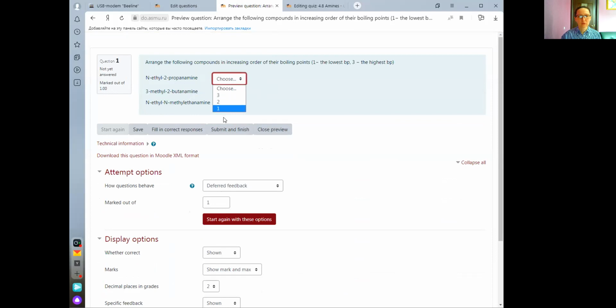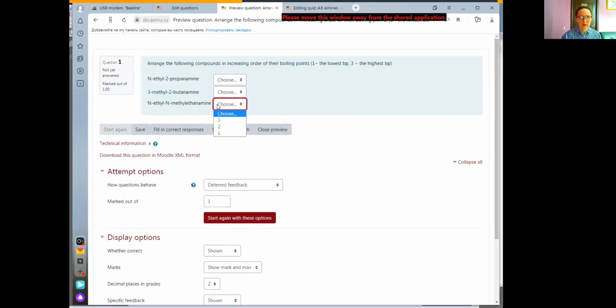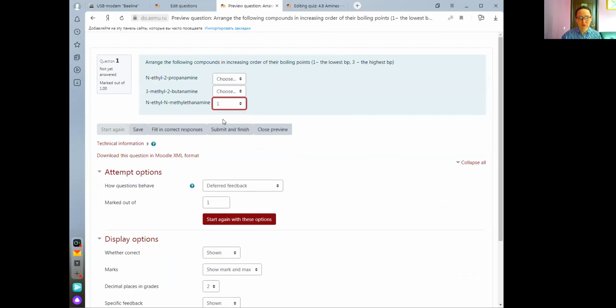According to lecture number 4, you remember that tertiary amines have the lowest boiling point. So tertiary amine, this one, it will be number 1 because the lowest boiling point. A primary amine has the highest boiling point. This one, primary amine, the highest boiling point.